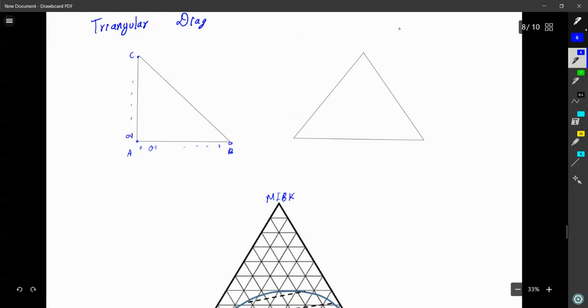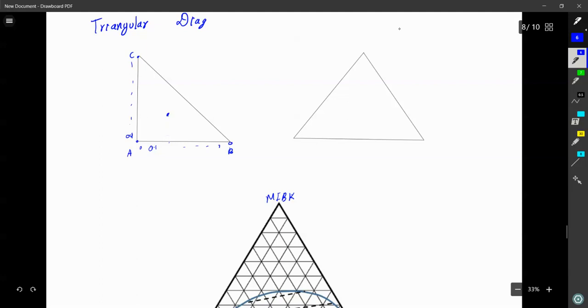Whenever you go to a point, you take a projection over here and read A by A plus B. You assume that C is not there when you take the projection. Actually, I have a better way of doing this.